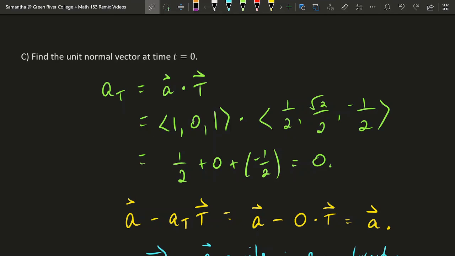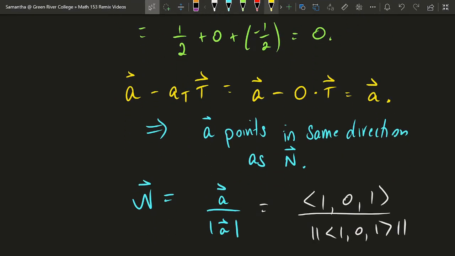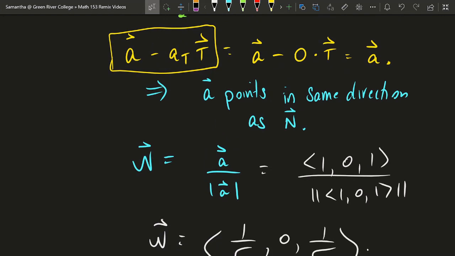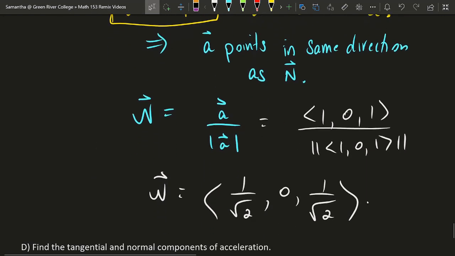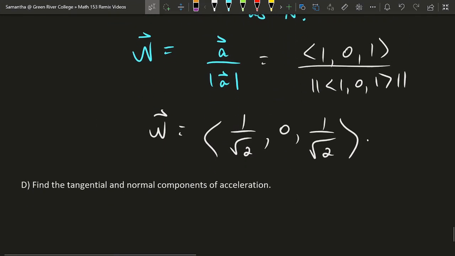Step number 4, calculate a take away the tangential component times T, and the result of that calculation will point in the same direction as your unit vector. So take the result of that calculation and divide out the length. And once you have done that, the result will be the unit normal vector.